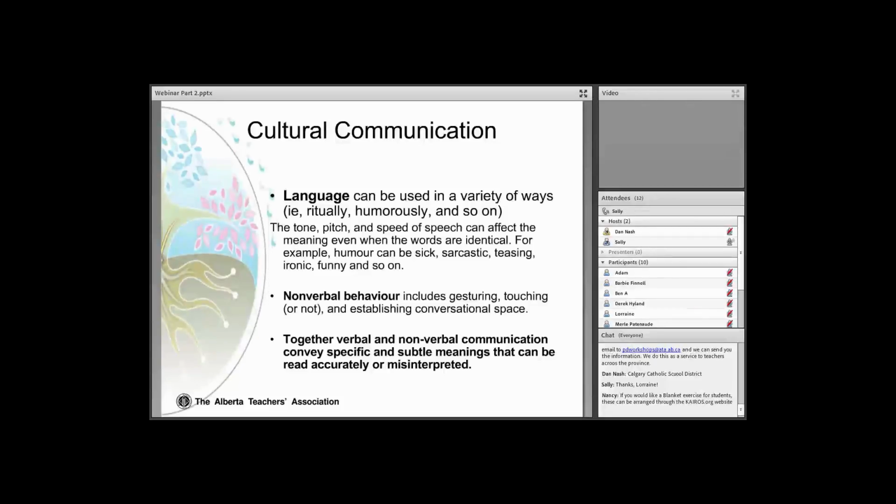And so being just very clear, and sometimes students will ask, well, what do you mean by that? Or can you explain it a different way? And so just making sure that we are being very explicit when we are discussing history and being accurate is important.